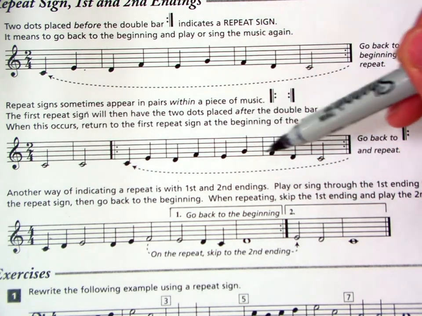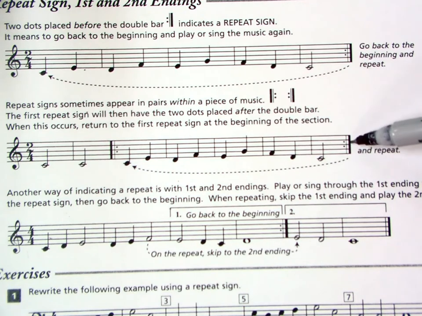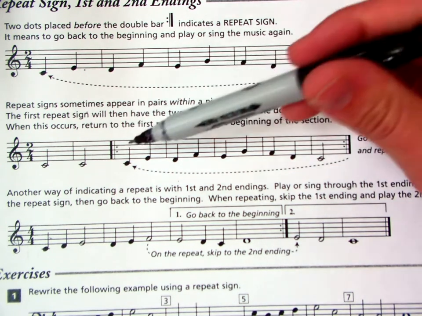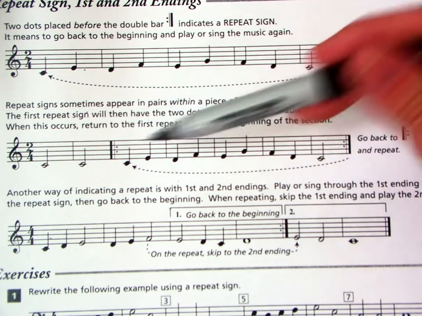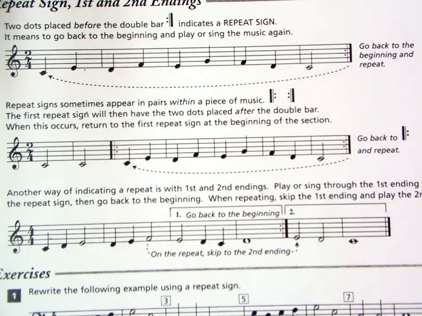Then we get into this section of music, and if we were to play it all the way through, we see a repeat sign here. Now, according to this example at the top, that would tell us to go back to the beginning. But, because we have another repeat sign, it wants us to go back to the repeat sign instead of all the way to the beginning.